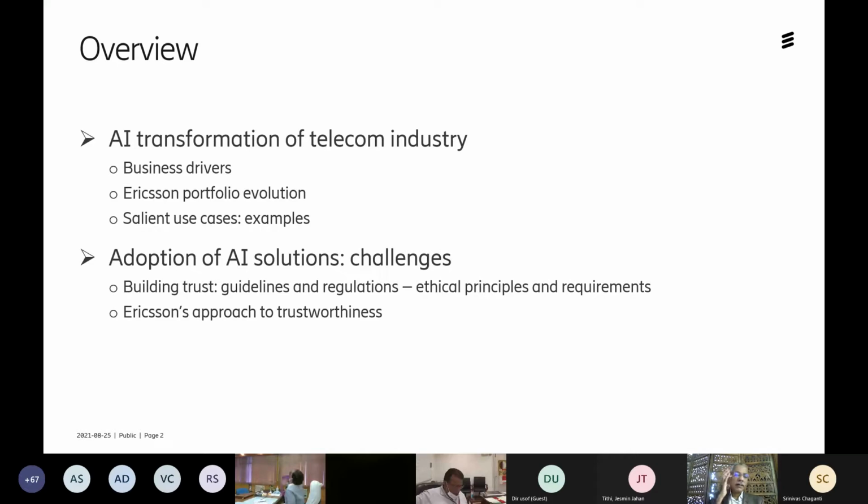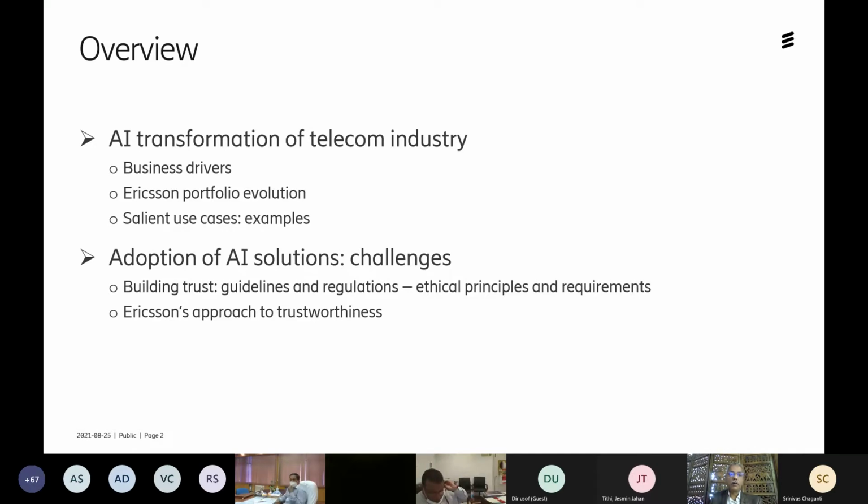After that first segment, we go to the second part, which talks about the challenges that one faces in adopting artificial intelligence kinds of solutions in any industry. And we show how this is just as important to our domain, the telecom domain. We heard from Dr. Jasmine Sisi about the need for ethical considerations.